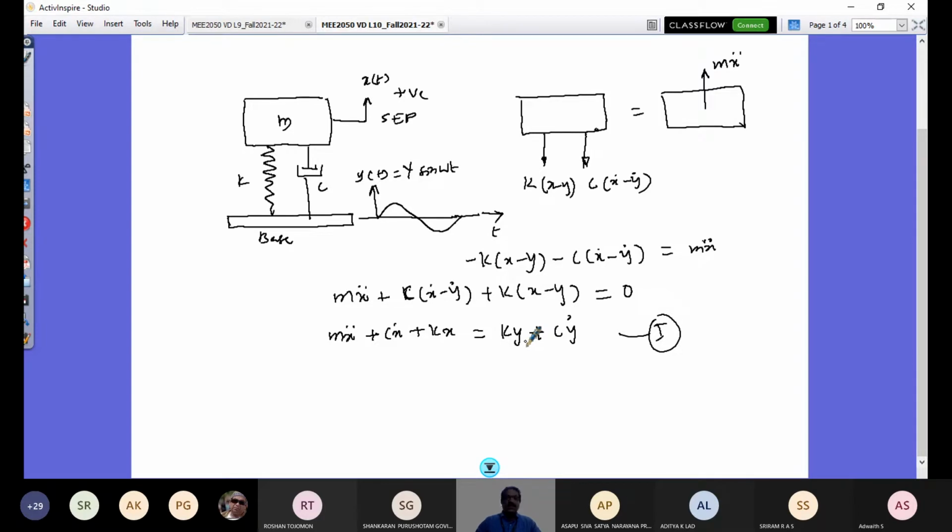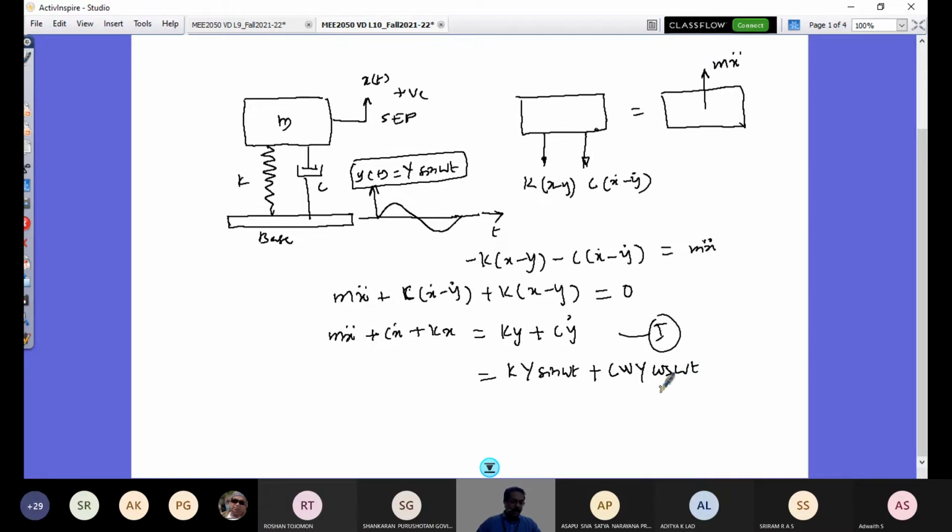So now let us understand this road is represented by Y sine omega t. So if I substitute that in this, what am I going to have? This is going to be k into capital Y sine omega t plus c into Y omega cos omega t, because I substitute y dot, which would be the differential of that.